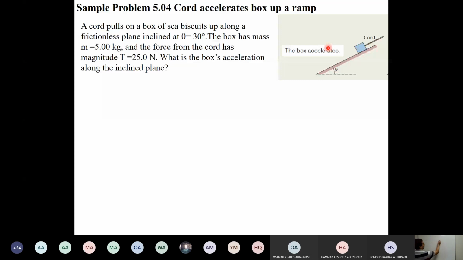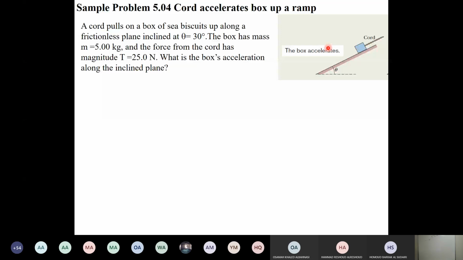This is the angle theta. The block is here. And now it is accelerated along this direction by the cord. So we know that the tension with respect to this block will be along the plane.